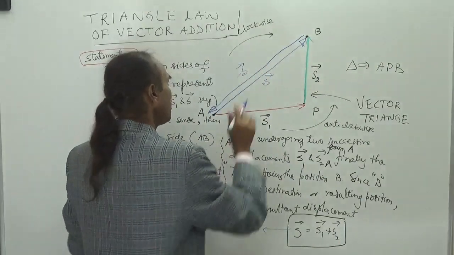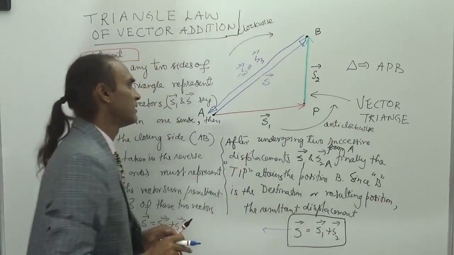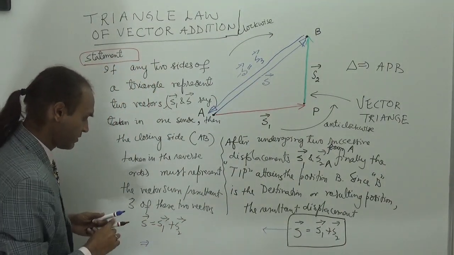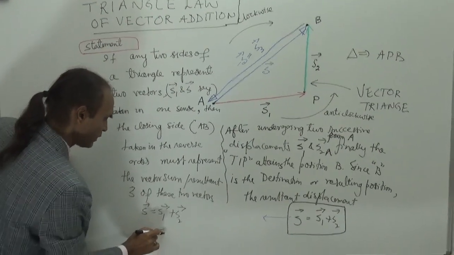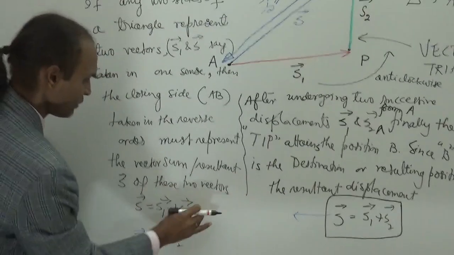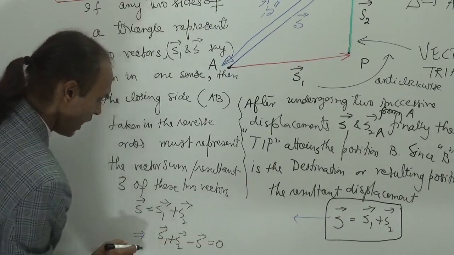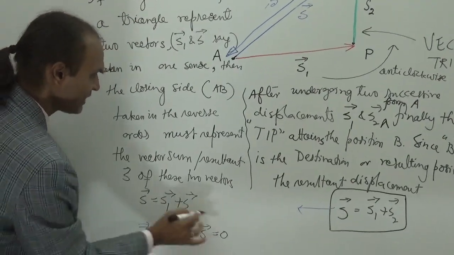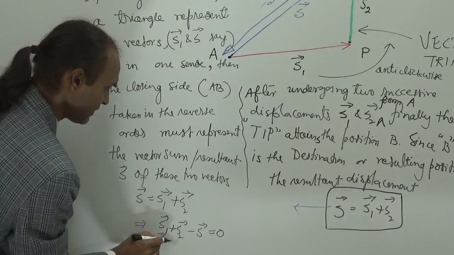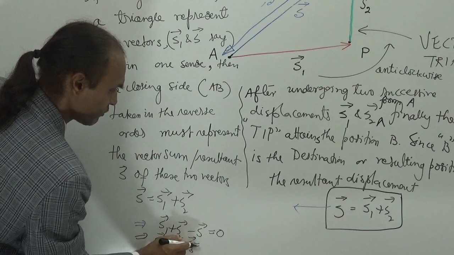Let this vector be another vector S3. Now we can write S1 plus S2, take S to the side, minus S vector is equal to 0. Or instead of minus S, I can write S3. S1 plus S2 plus S3 is equal to 0.